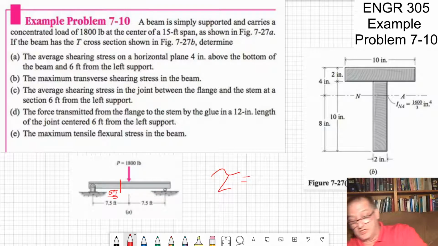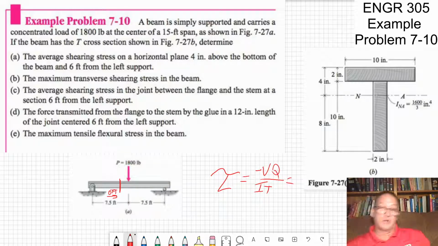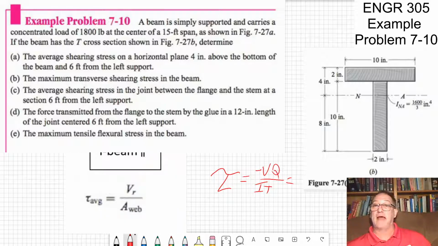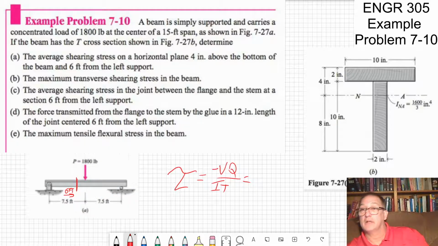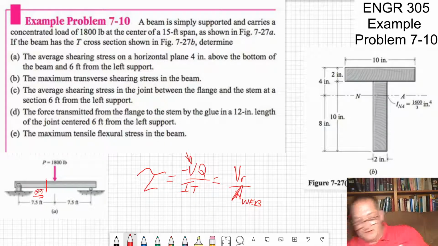Now the big equation that we don't want to work with is minus VQ over IT. What I'd much rather work with is the equation for beams, which looks like that. The average stress is VR over the area of the web. So that would be much better, area of the web. But either way, I need to know what V is, and I need to know what A is.